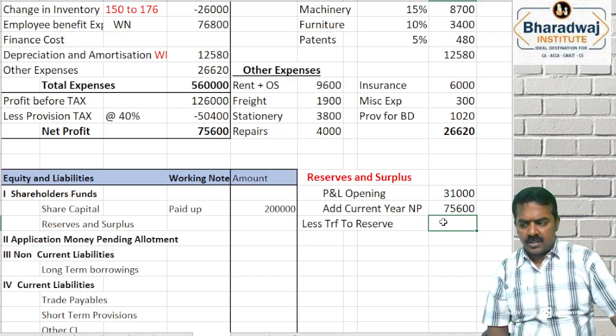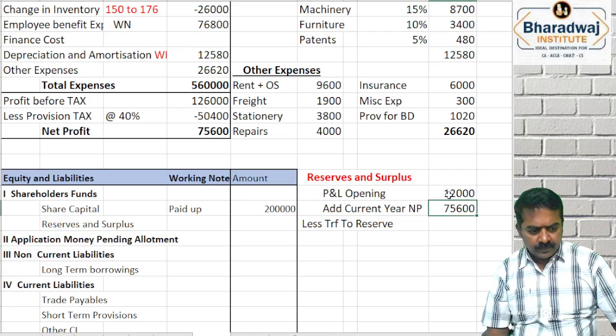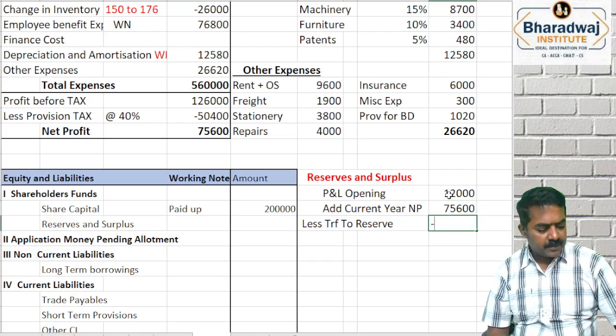Less transfer to reserve. How much has to be transferred? Opening balance also, sir. Opening balance 12,000. Transfer to reserve how much? 4,000.